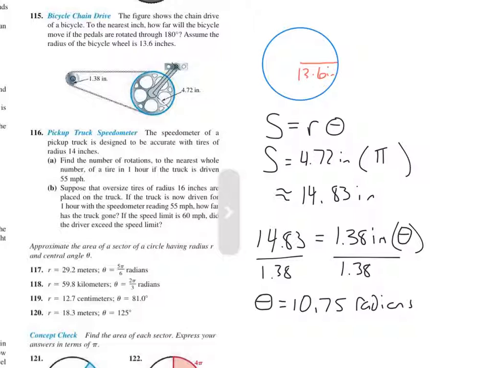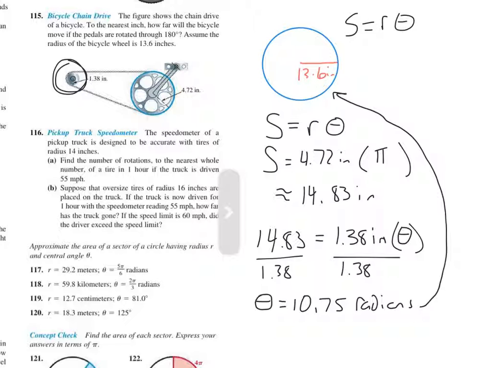Now we wish to find how far you get with a turn of 10.75 radians on that small gear, which is driving the big wheel. So it's one more time through the S equals R theta formula.